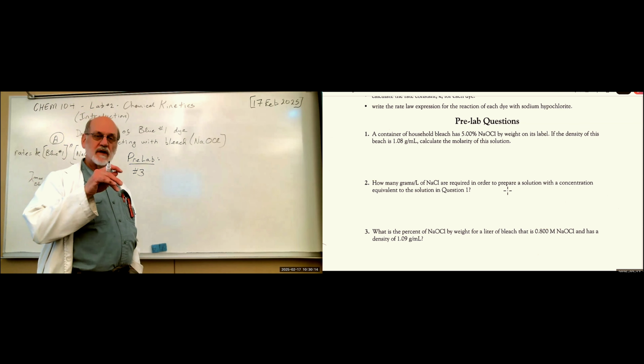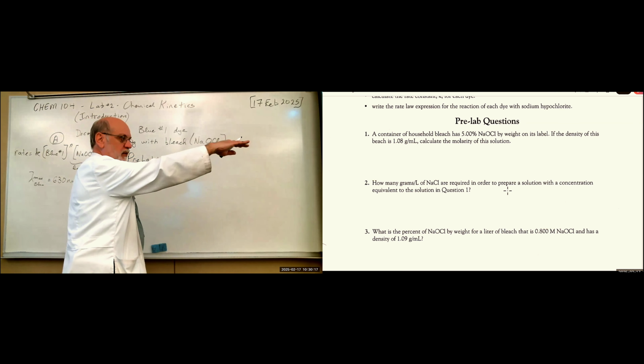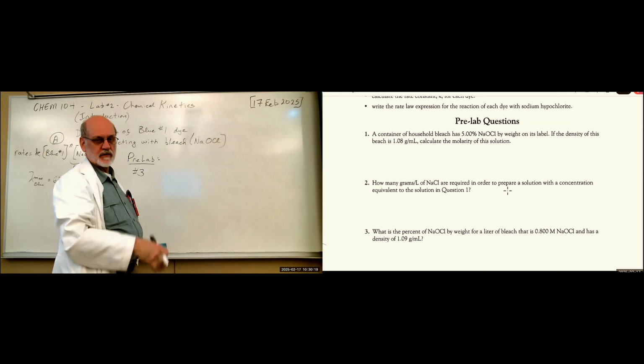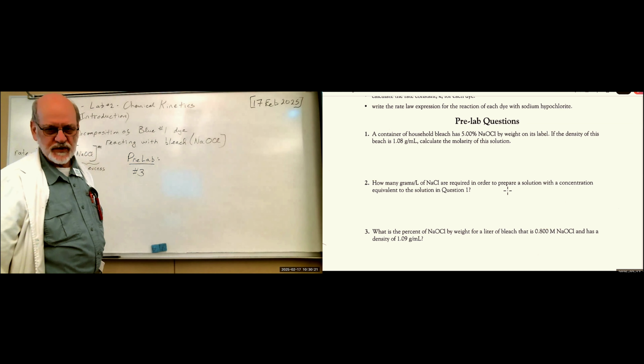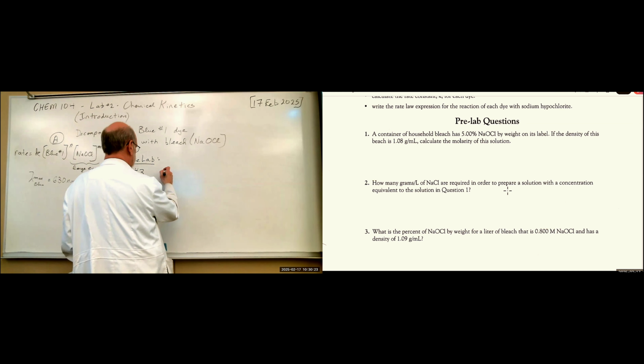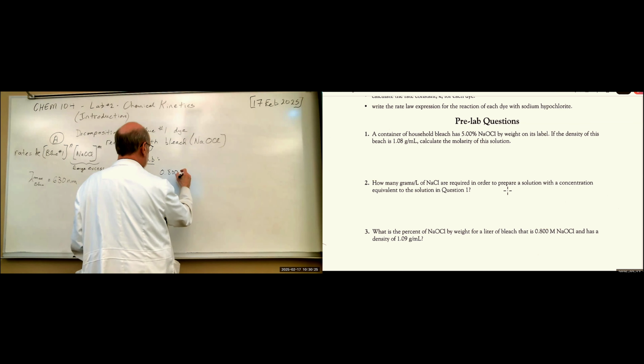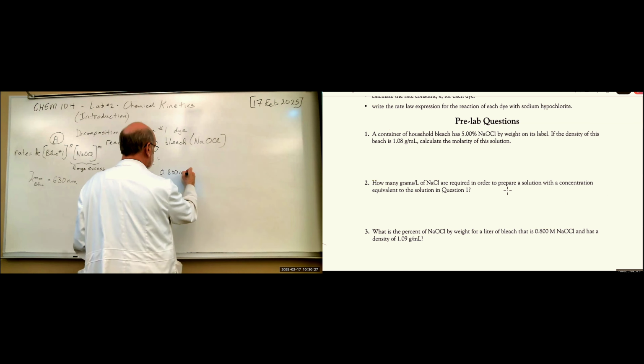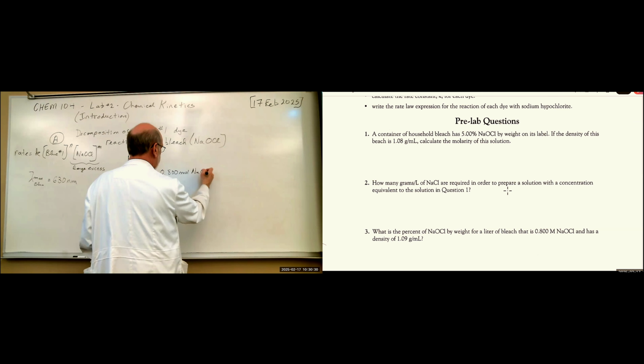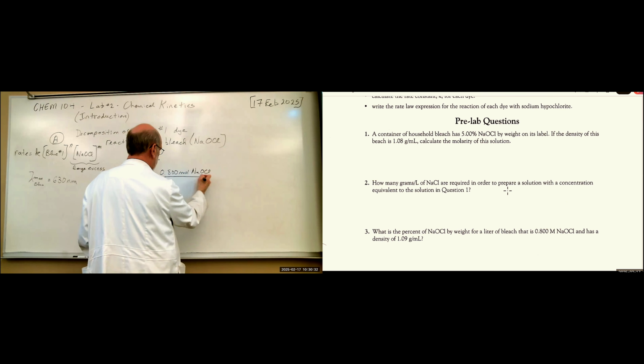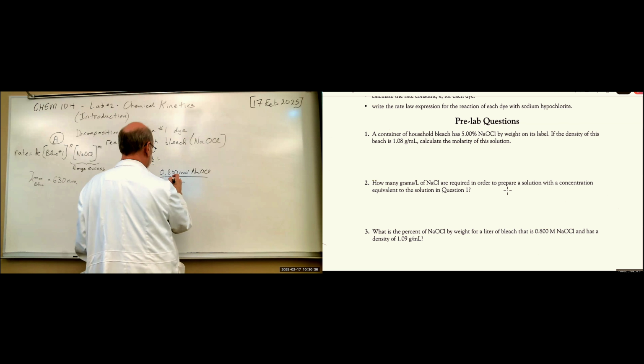This is going backwards. We went one direction for number 1. Now we're going backwards for number 3. So 0.800 molar is moles of sodium hypochlorite per liter of solution.